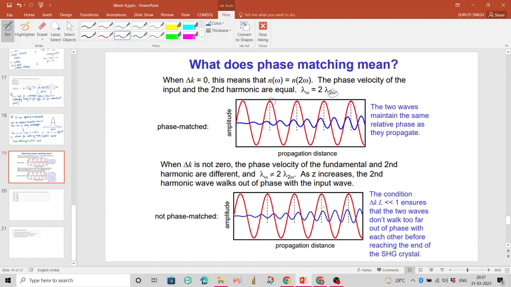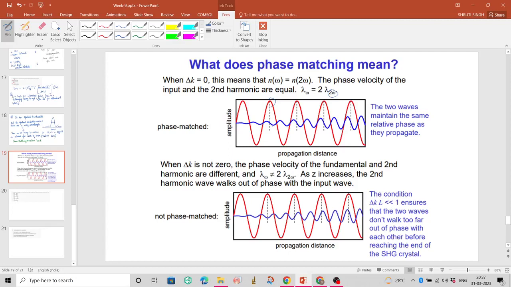So this is the situation where the phase matching is not happening. The fundamental and the second harmonic are at different phases as they propagate. So the condition delta k into L is less than 1 ensures that the two waves don't walk too far out of phase with each other before reaching the end of the second harmonic crystal.